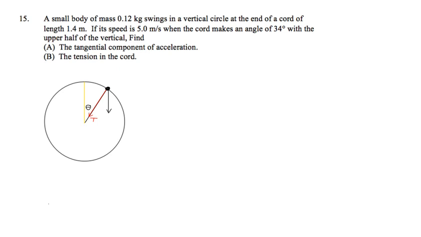So what I'm going to do is take that weight and break it into its component that is centripetal, which is right along the same line as the tension. Let me draw that line again. So that's my centripetal component of the weight.